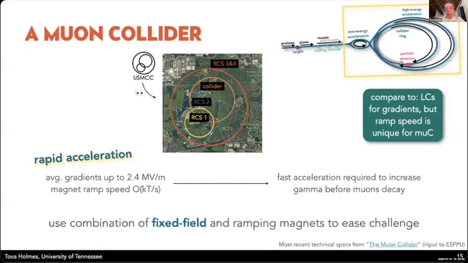So the high gradients you can compare to linear colliders, but the ramp speed is a pretty unique need for a muon collider. And one way that we get around some of the difficulty of that challenge is by using a combination of fixed field and ramping magnets, so that you can use the full range negative to positive on the ramping magnets on top of a fixed field.